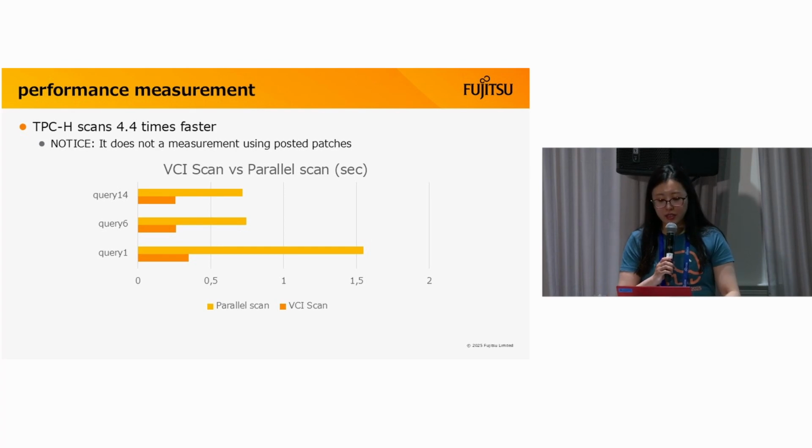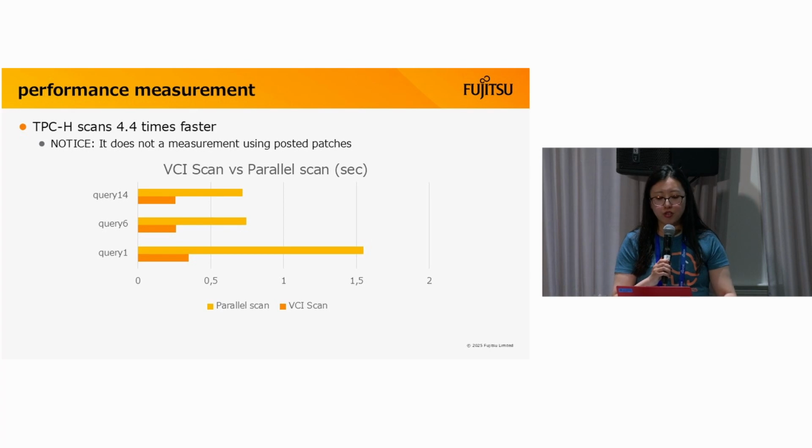I will share the results of the performance measurement. This is a comparison of TPCH scanning performance in my company environment. Measurements compare VCI parallel scan with OSS parallel scans.